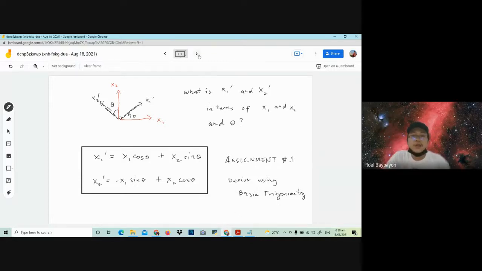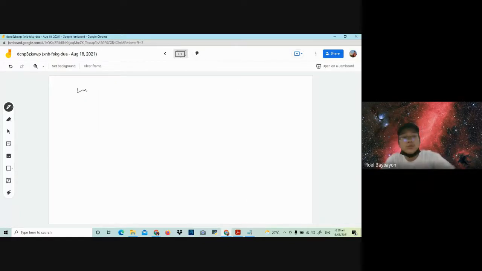Based from these two equations, later we will generalize this into three dimensions, including the x3 axis. Let us introduce the following notations. We have this notation: x1 prime comma x1.